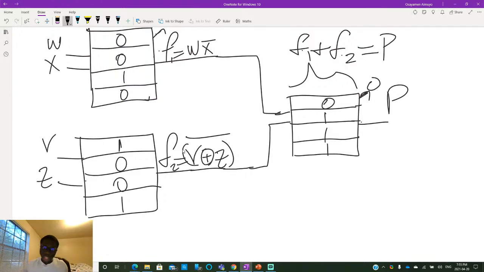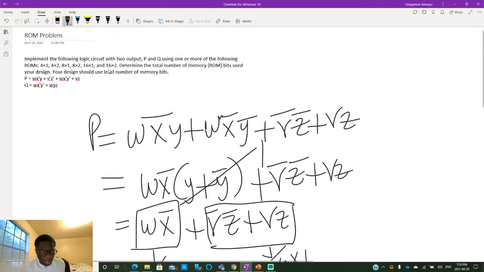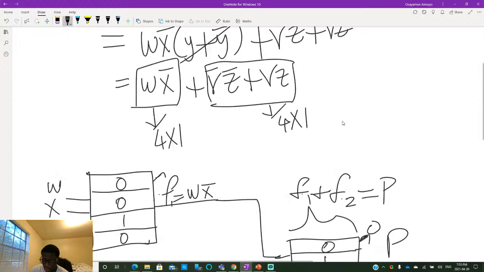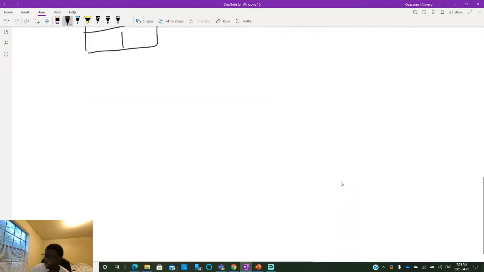Okay. And remember that there was an extra constraint: our design should use the least number of memory bits. And remember, to get the number of memory bits for a ROM, all you have to do is multiply the dimensions in the title of the ROM.